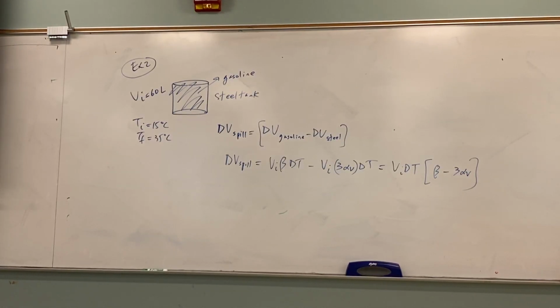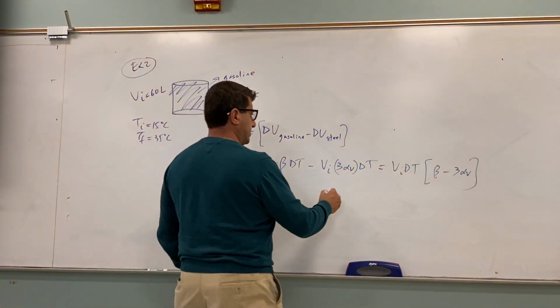This is the other big table where it's all the liquids and their betas. Gasoline. You see, 0.00095. So what would that be? 1, 2, 3, 4, 9.5 times 10 to the minus 4. That's the beta of gasoline.